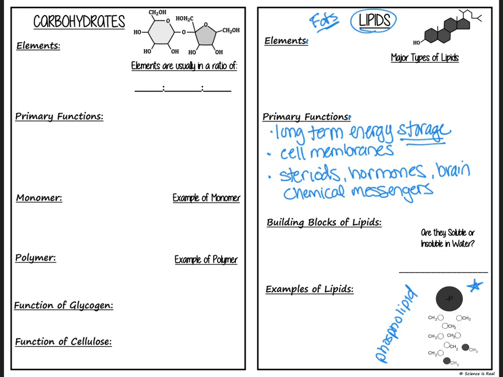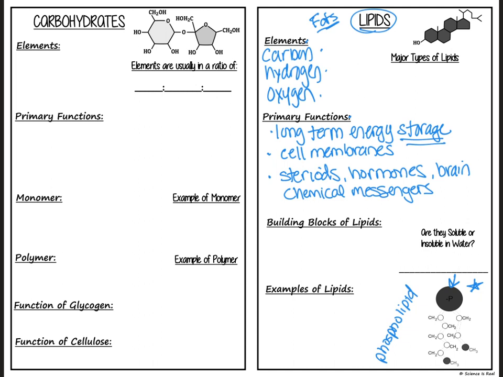They're similar to carbohydrates in that their 3 elements are carbon, hydrogen, and oxygen. Sometimes phosphorus, this guy down here again. Sometimes phosphorus, but for the most part, we're just going to stick with carbon, hydrogen, and oxygen.